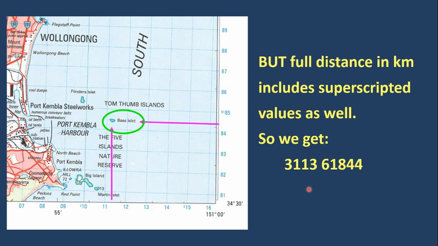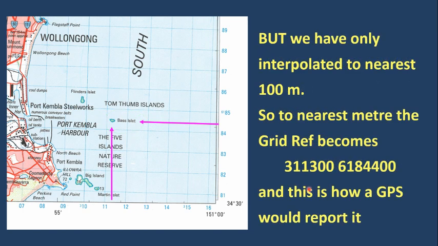Now, again, we know where that place is, and so that still narrows us into the same place, but all we've done is interpolate to the nearest 100 metres. For a GPS system, we need to interpolate past that and actually break each of these kilometre sections down in thousandths rather than tenths, which gets us to the nearest metre, not the nearest 100 metres.